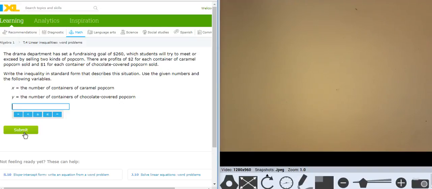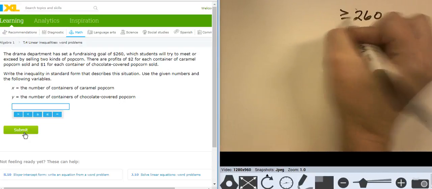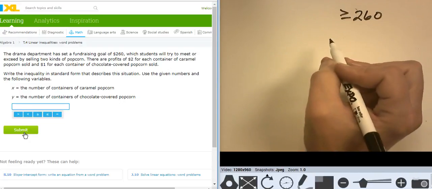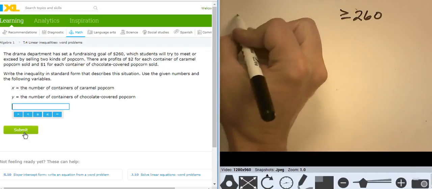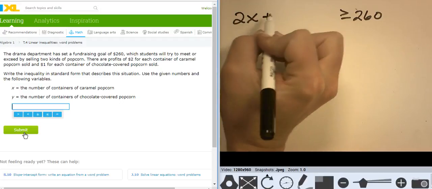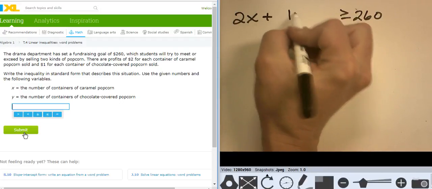A drama department has a fundraising goal of $260, which the students will try to meet or exceed. So I need at least 260, and I have to meet or exceed that. Caramel popcorn gets them $2 of profit, so 2x plus chocolate covered is 1y.